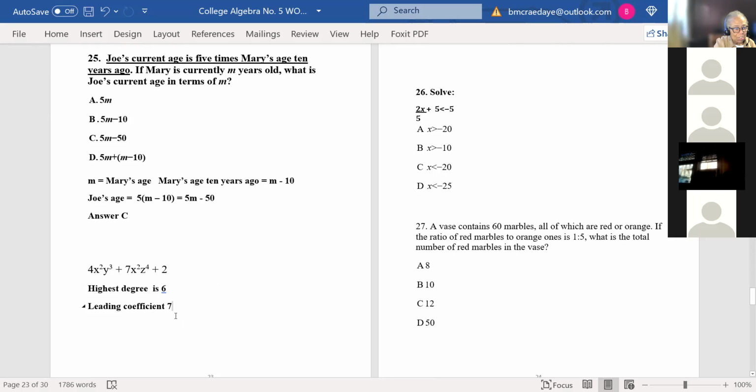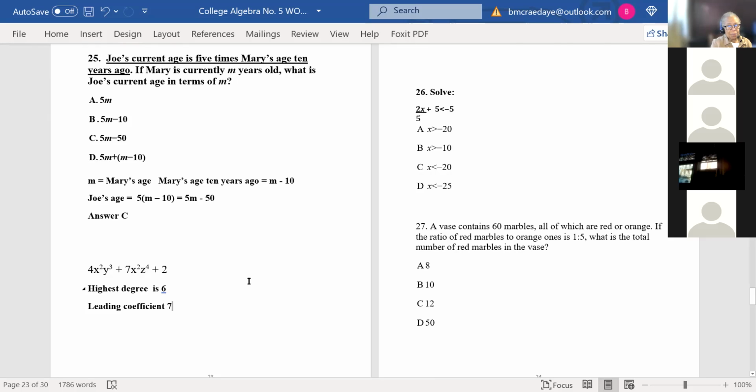And then the coefficient, well, this will be part of what I'm sending you, this session. So you can see that you added the 2 to 4, you got 6, bigger than the 2 plus 3. So 7x to the second, z to the 4th is your term with the highest degree. The number in front of this is the leading coefficient. The leading coefficient is always the number in front of the term that has the highest degree.